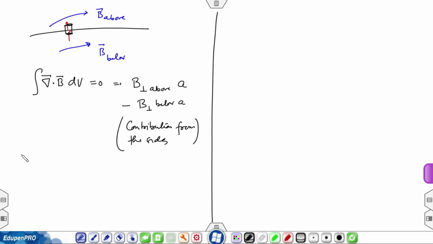So, let us now look at this box. I said it is very thin, so that we can concentrate only on the field near that point where the box is made. It hardly changes, and I am also going to make this box very flat. That means the thickness is almost 0.